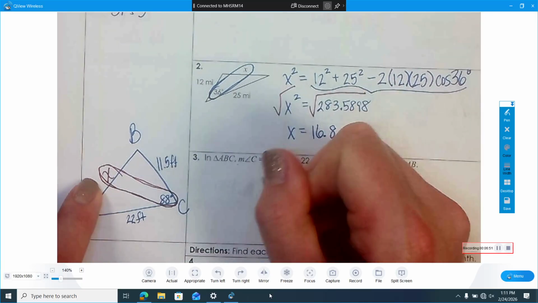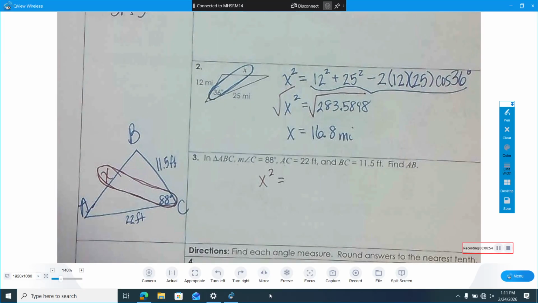All right, so I'm looking for my side squared is equal to, what should I write?